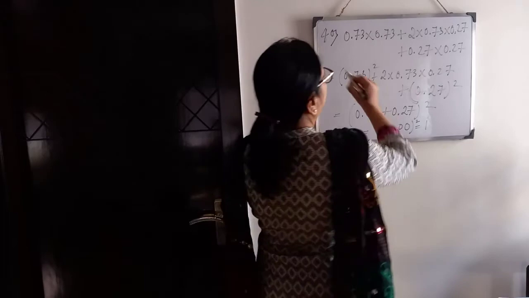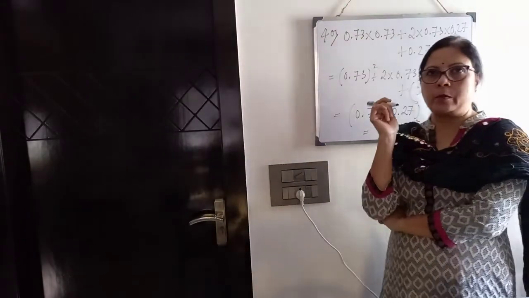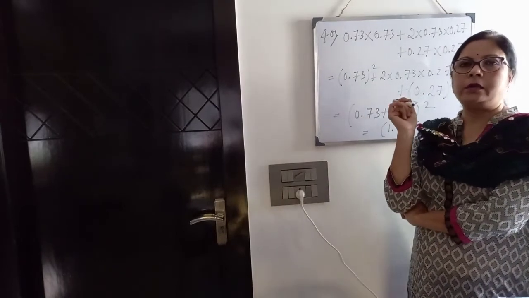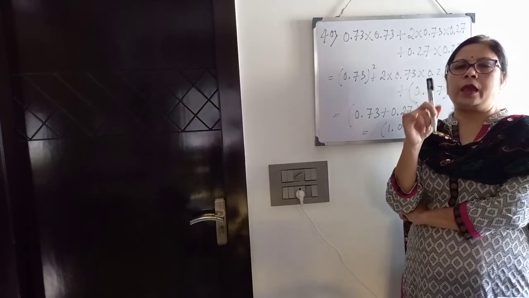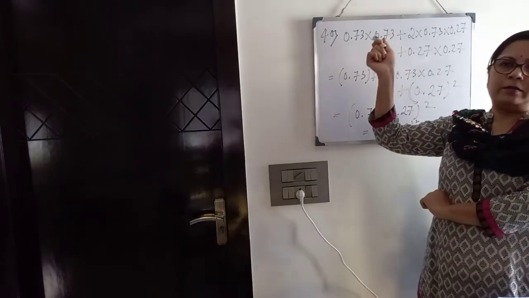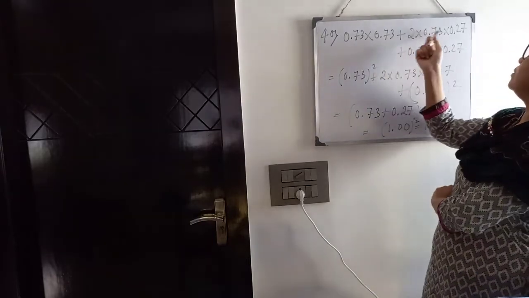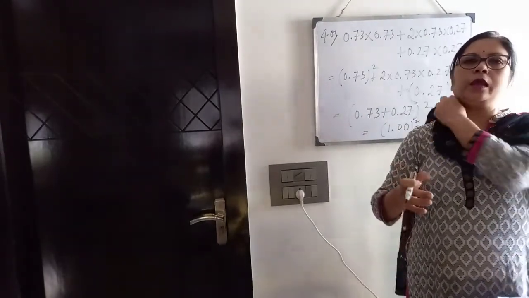I have explained how to do this sum, but in exam time I see some of you again will do it by that method. You will simply multiply this into this, plus this into this, plus this into this, a lengthy process, then add.